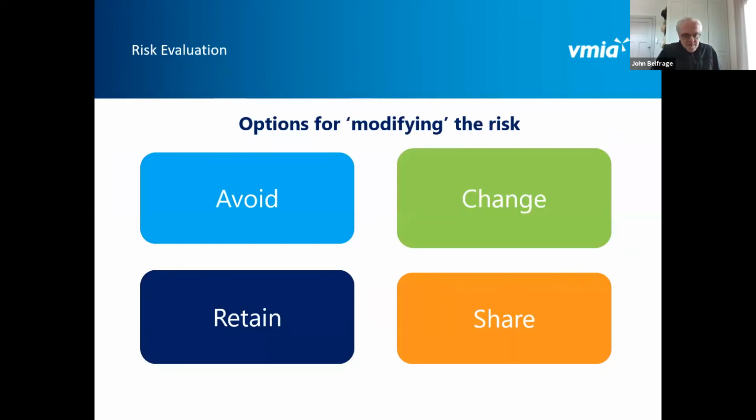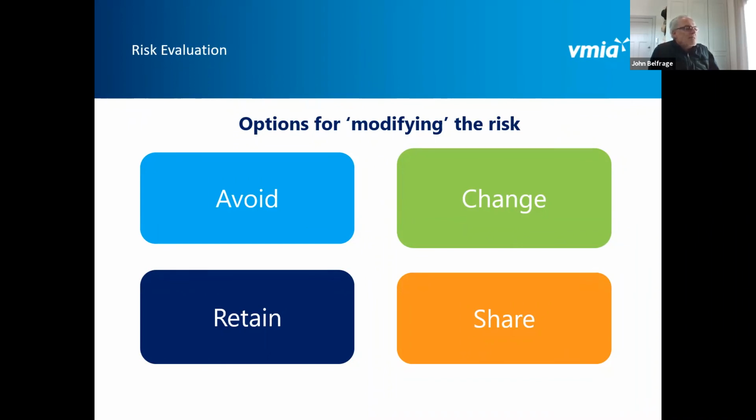Kat talked about the step of evaluation in the process, and so this is really about what are your options. So you've analysed, you've looked at consequences and likelihood, you've arrived at a risk rating, and so what are my options in terms of how I'm going to deal with this risk? Will I avoid the risk by deciding not to start something or continue with something, i.e. maternity services? Will I try and change something, i.e. the likelihood and the consequences?